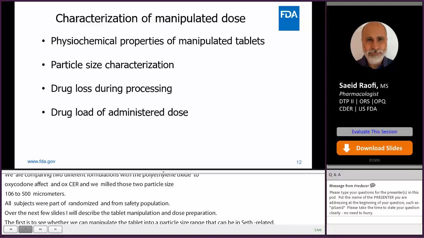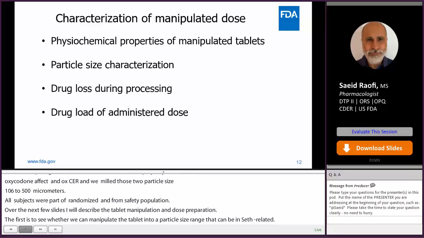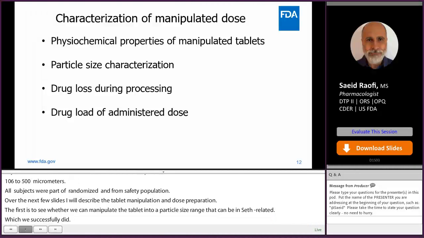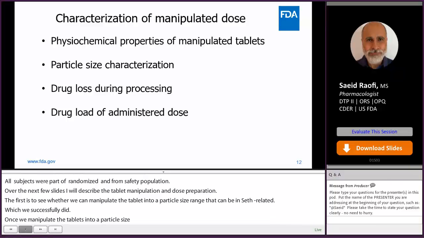And once we manipulated the tablets into a particle size range that can be insufflated, the resulting powder was characterized by looking at particle size characteristics, drug loss during manipulation, and also drug load of the resulting powder.